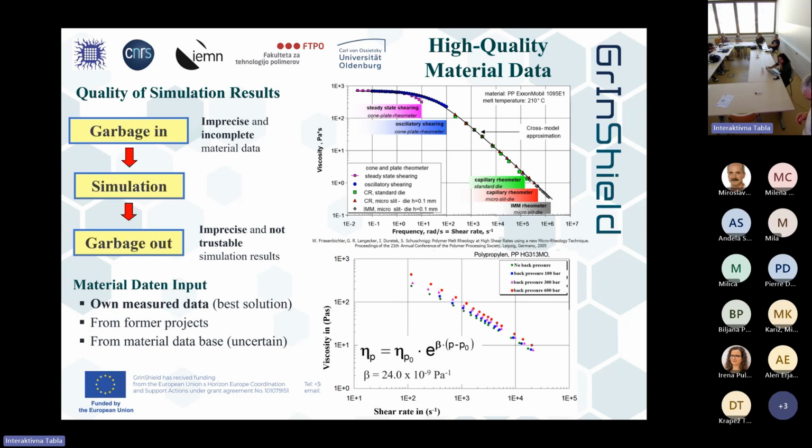And here you see the Barus equation. It's an exponential equation. This term, you will see it later, can go up to 4,500. So at high pressures, the viscosity is not, let's say, 1, but 4,500. And that's a difference for processing.